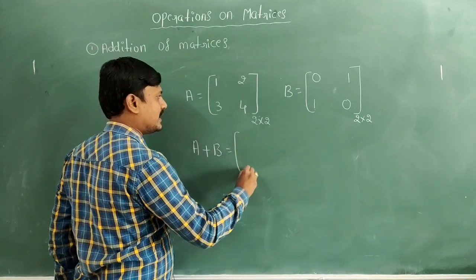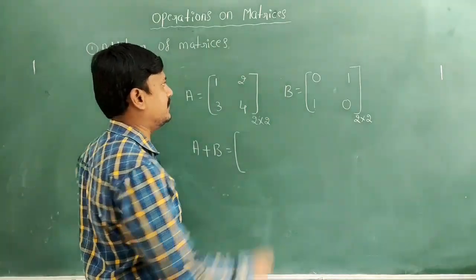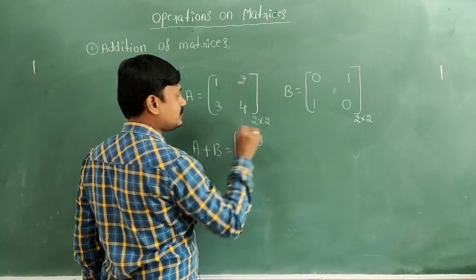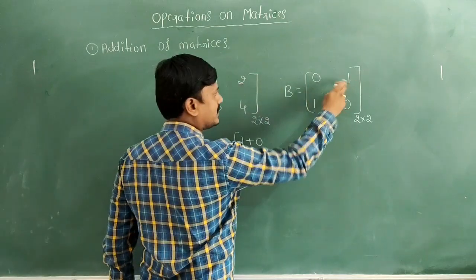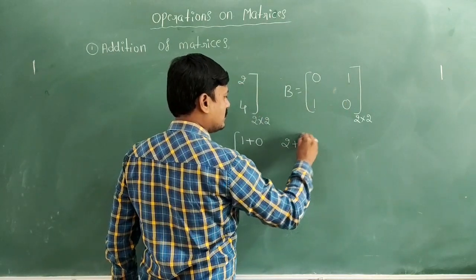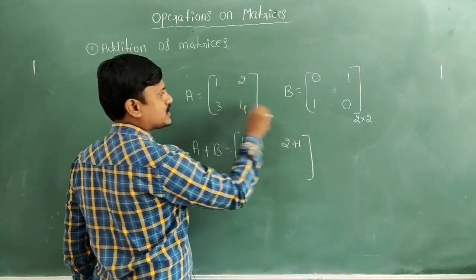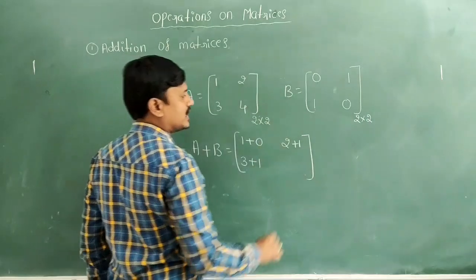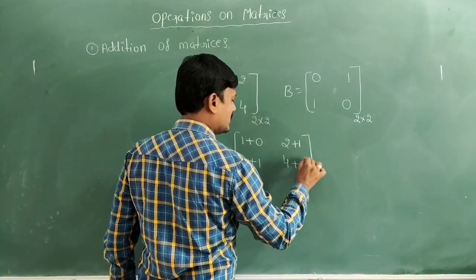A plus B means adding the corresponding elements. 1 and 0, therefore 1 plus 0. 2 and 1, therefore 2 plus 1. 3 and 1, therefore 3 plus 1. 4 and 0, therefore 4 plus 0.